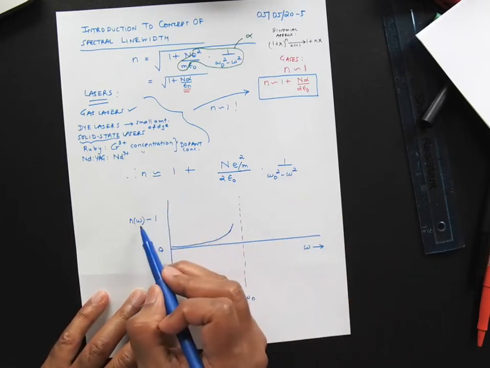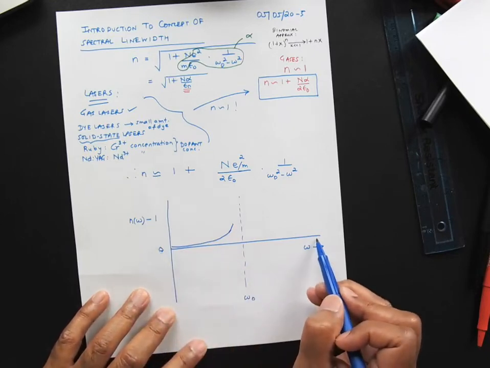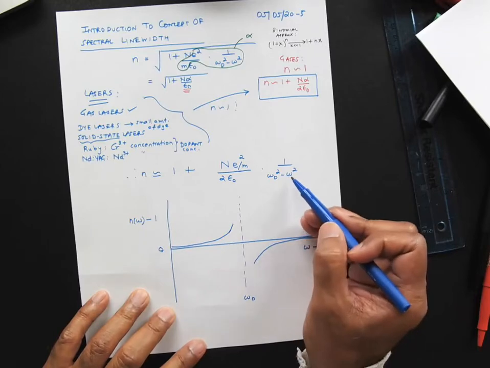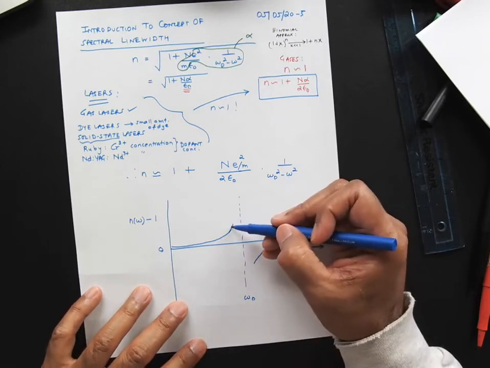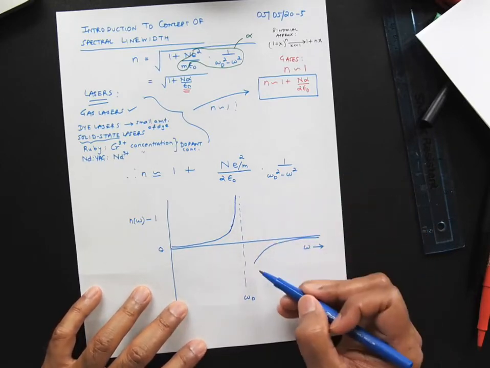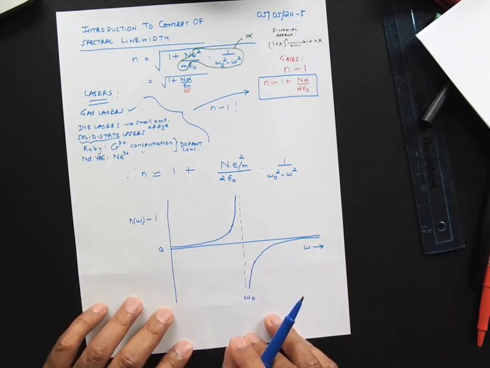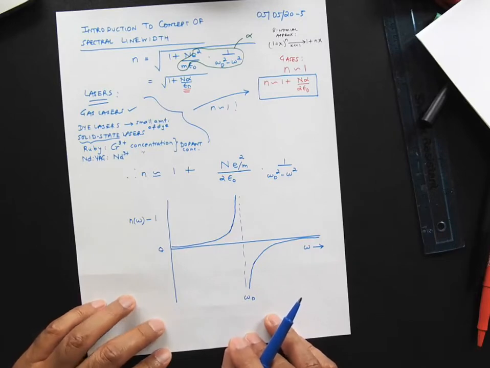The 1 has been shifted over into the end, so it's 0 minus something, so it does this, and then for omega equals omega naught, it blows up. Unphysical, totally unphysical. Okay, so that's the thing that you get.